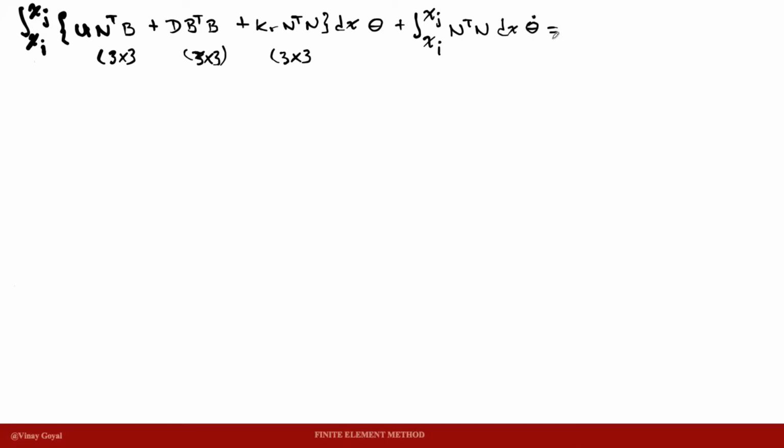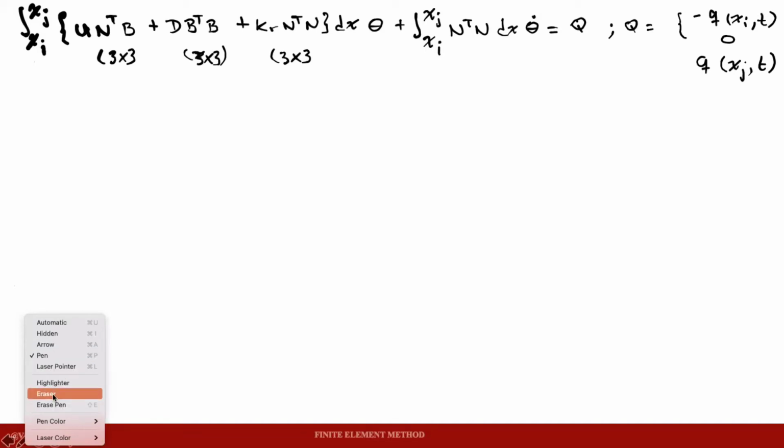And finally, we have the force vector, Q. And this Q is just a 3 by 1 vector containing the boundary terms, zero and k xj t. Boundary terms for the element, right? We haven't got to the part of the global assembly. So this is all for the element. This is the element formulation.